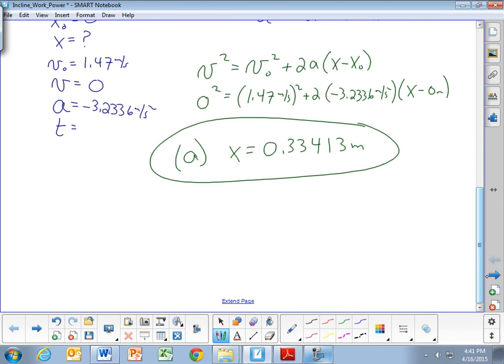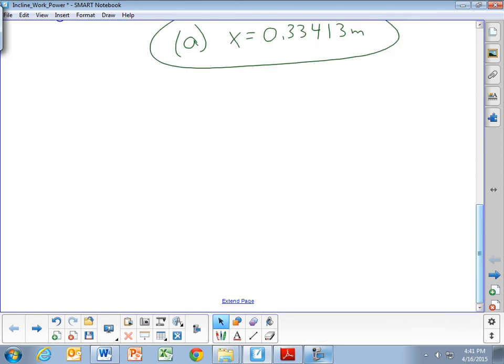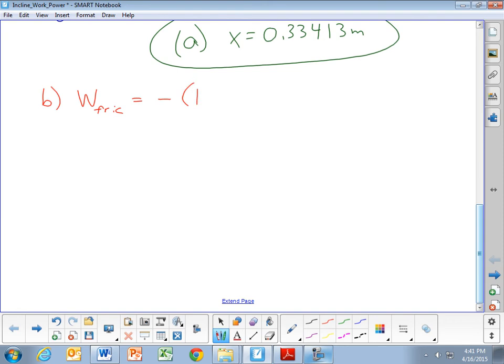So to find the work done by friction, the work done by friction will be, first of all, negative, because the force of friction is up the ramp, the motion of the box is down the ramp, and it would be the force of friction, which is 150.126 newtons, times the distance that we just calculated of 0.33413 meters.